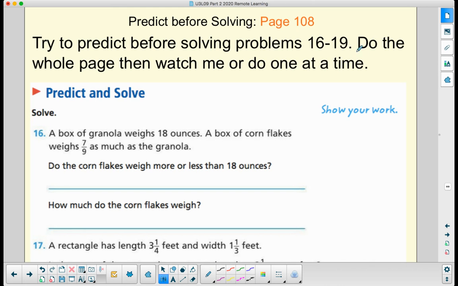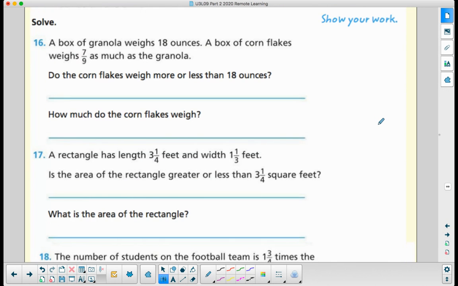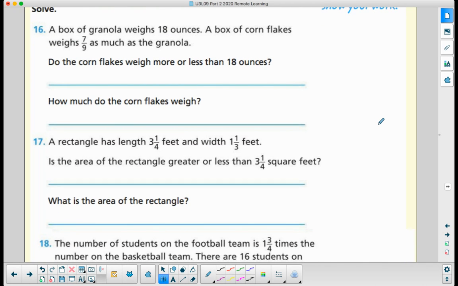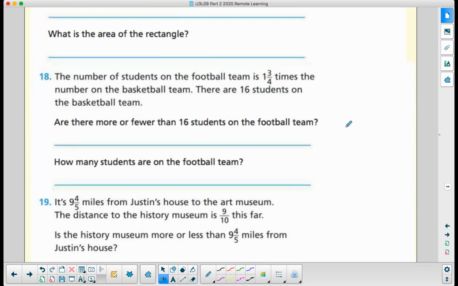So here is page 108. I'm going to scroll through it slowly in case you just want to pause and look at the video to do the problems. What I'm going to suggest you do is always estimate first based on your two factors. What is your product going to be?